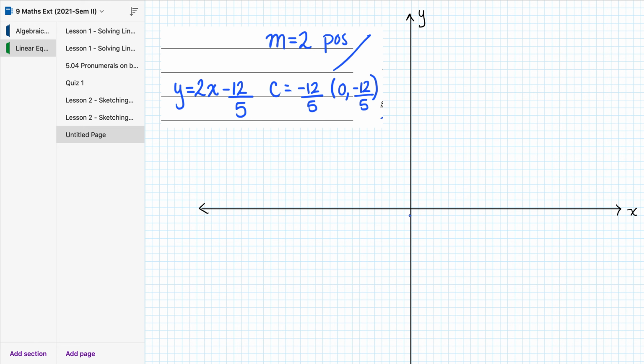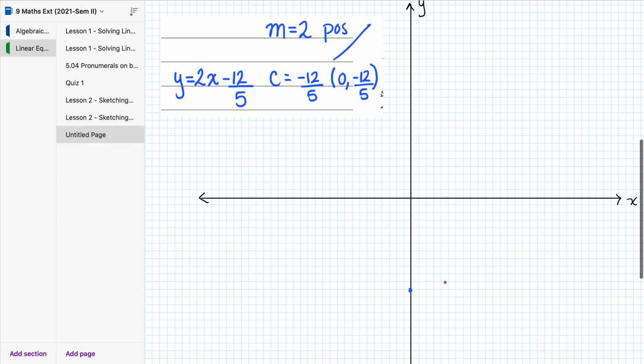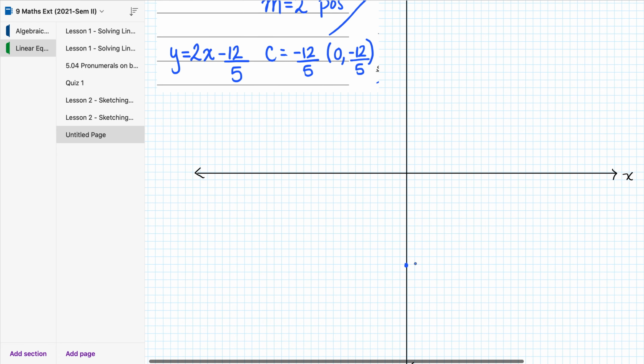This one is 1/5, 2/5, 3, 4, 5, 6, 7, 8, 9, 10, 11, 12. Good. I'm going to label it right away so I don't get confused later on. So this one is going to be (0, negative 12 over 5).